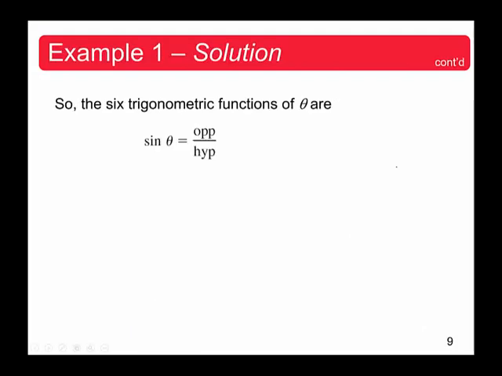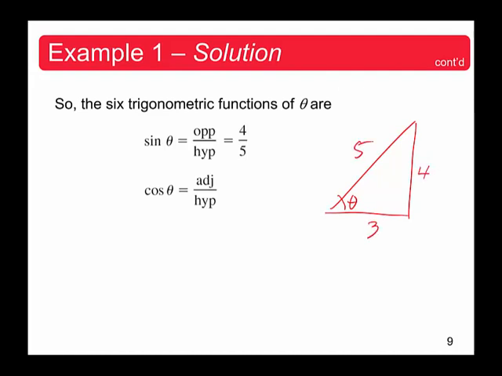Now that you know that, the opposite side is 4 over the hypotenuse side 5. Let's draw it really quickly. Theta right here, the opposite side is 4, the adjacent side is 3, and the hypotenuse side is 5. So sine theta equals opposite over hypotenuse, 4 over 5. Cosine theta is adjacent over hypotenuse, 3 over 5. Tangent theta is opposite over adjacent, 4 over 3.